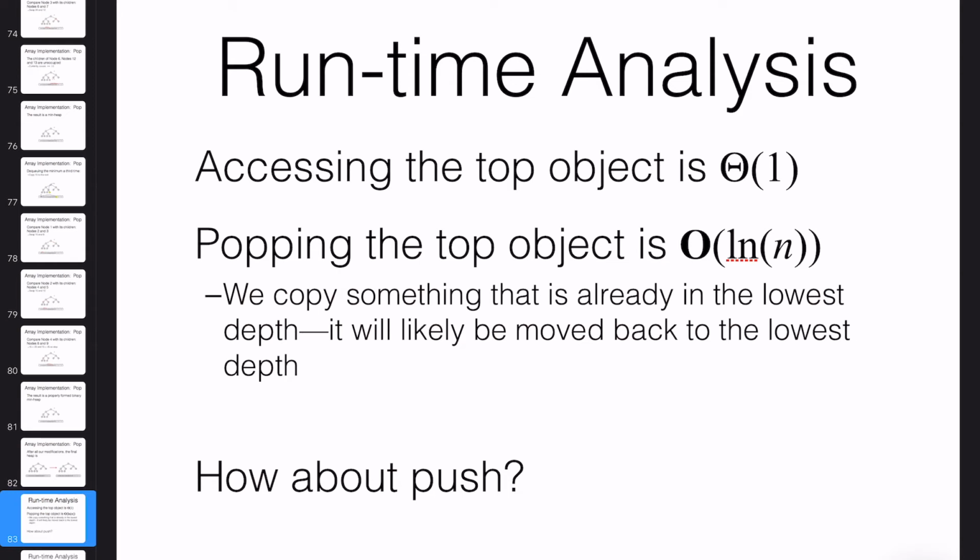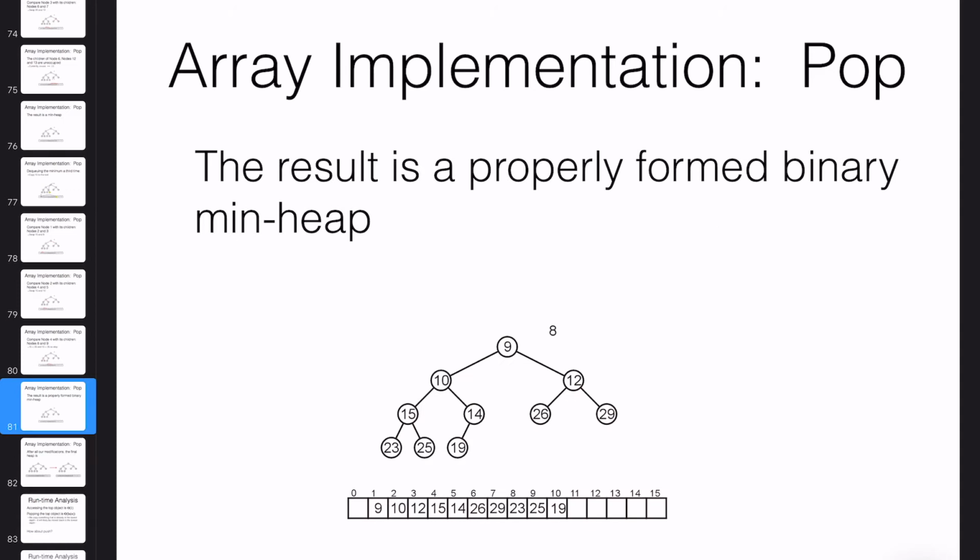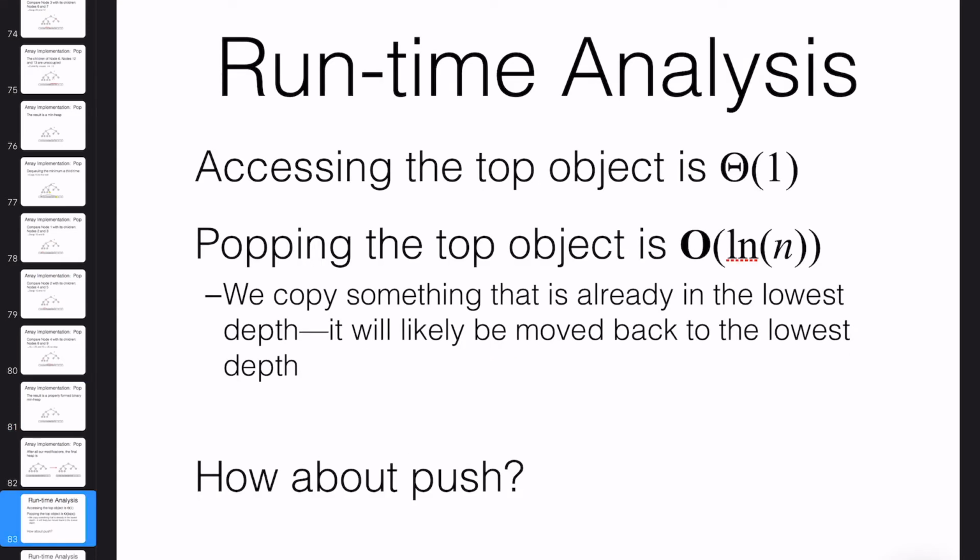The other method that we have was pop. Remember, what was the pop? You get the root out, you copy the last leaf node to the root, then you percolate down. For the method pop, it is very clear that the time complexity will be the height of the tree, because usually the value that you copy from the last leaf node is going to be one of the largest items in the tree.